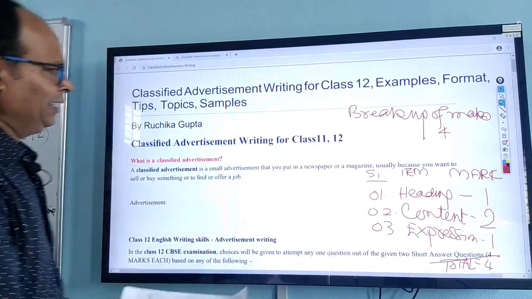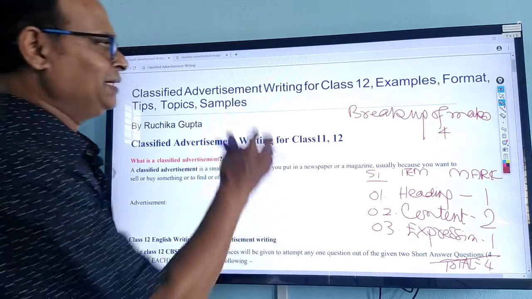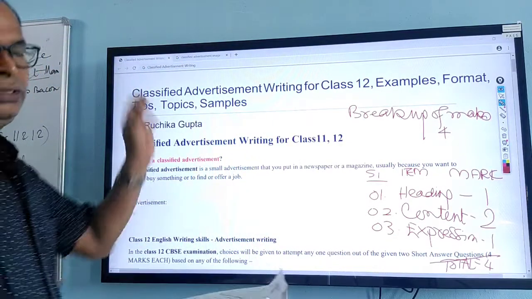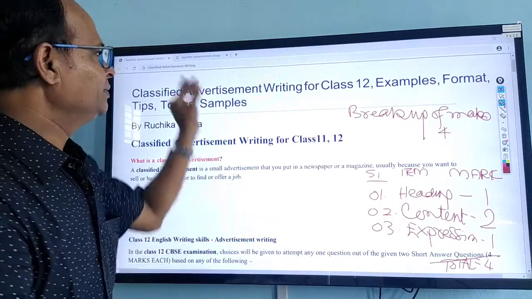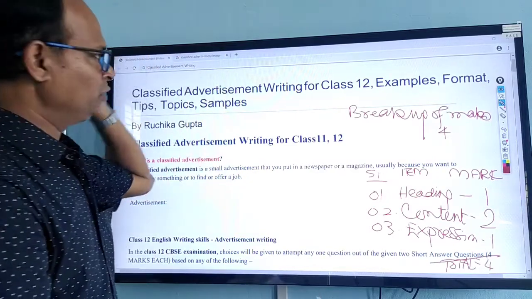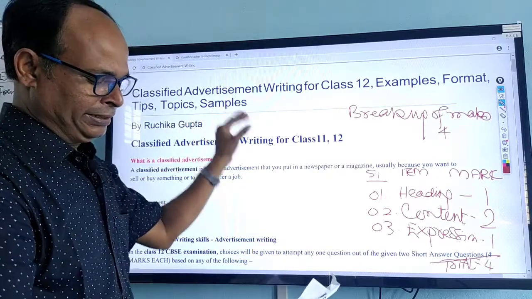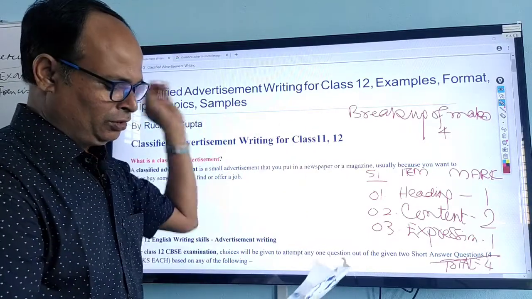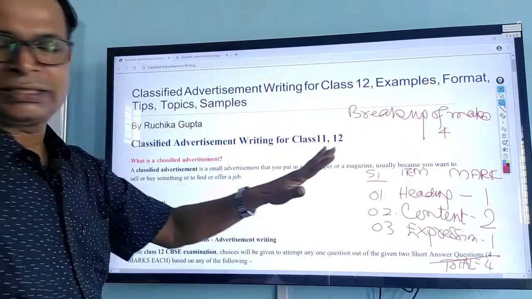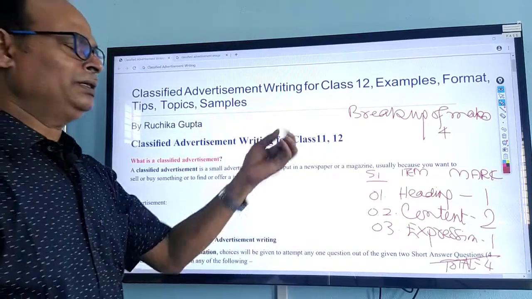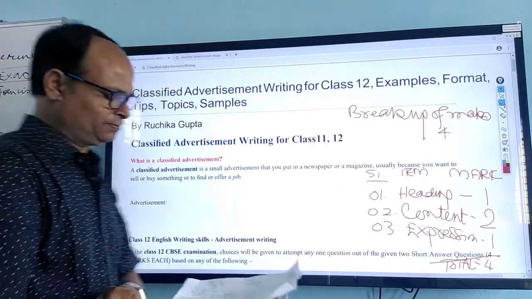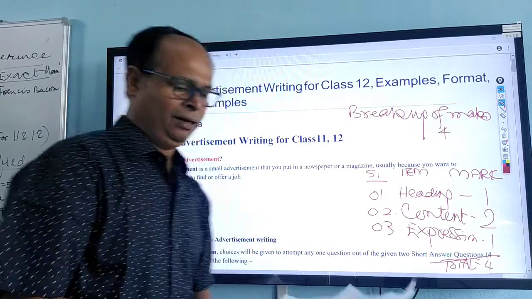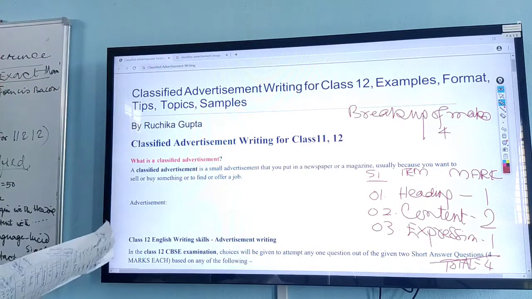Here you will see the types of classified advertisement that you have noticed in the earlier image: situation vacant, situation wanted, to let, accommodation wanted, matrimonial, missing, lost and found, and above all tours and travels. All this comes into the category called classified advertisement.